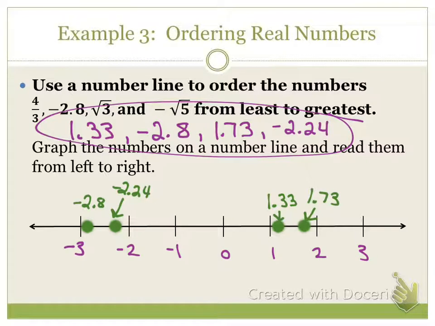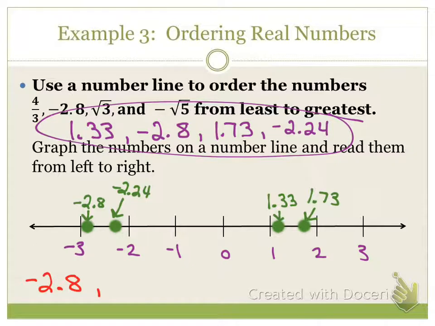Your answer is to order them from least to greatest. Well, you can clearly see from the number line that which one is the smallest? Negative 2.8. In its original format, how did they write it in the original? Negative 2.8. So that's going to be my first value. What about my next one? Negative 2.2.